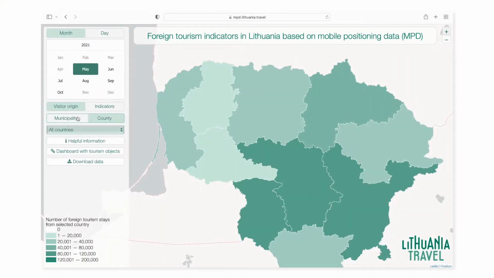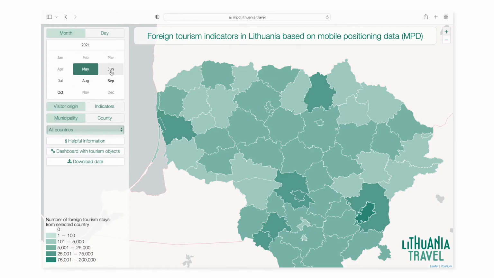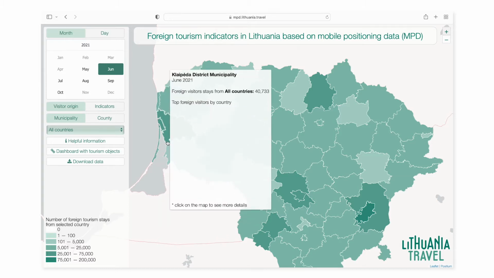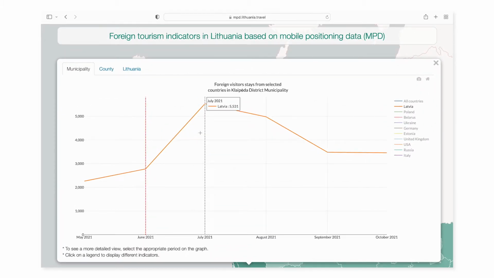The dashboard on tourism that we have and use in Lithuania has, I would say, three main uses. First one is the most general statistical data. It means that it covers the municipalities and counties. So we have the most general data, and mainly this data is meant for the decision makers who need to see the tendencies, a broader view.